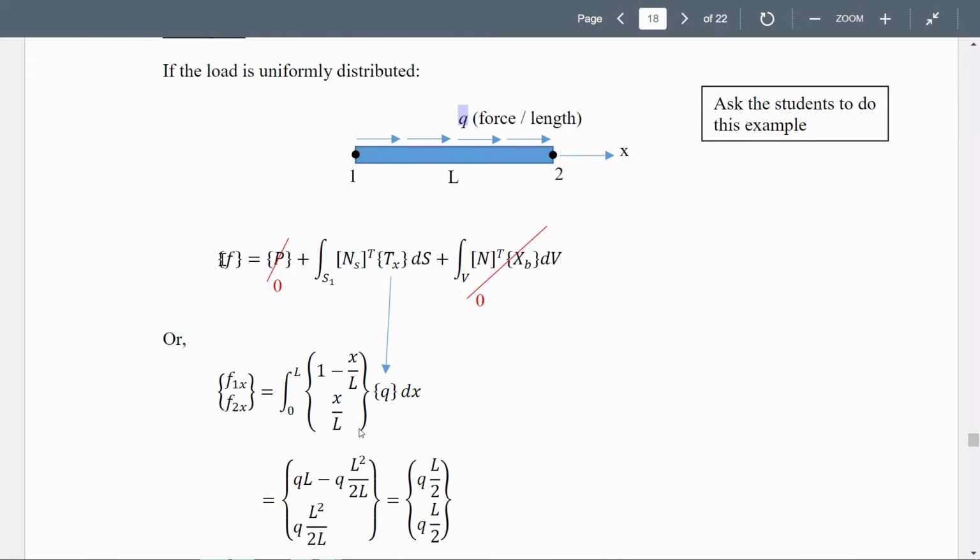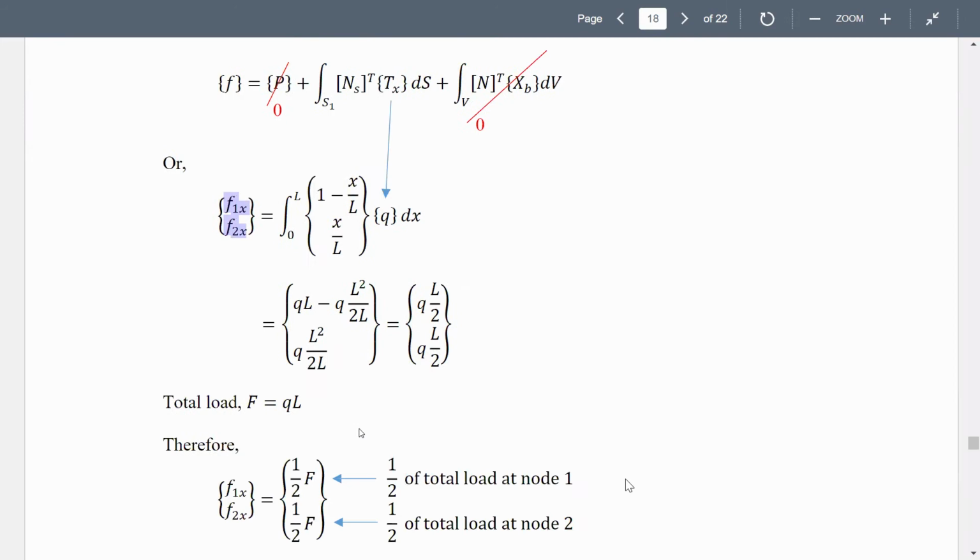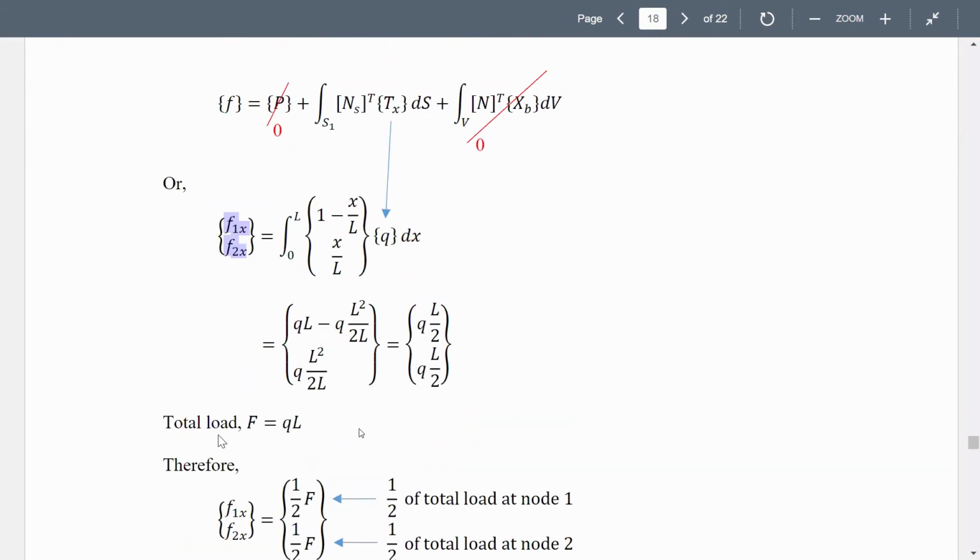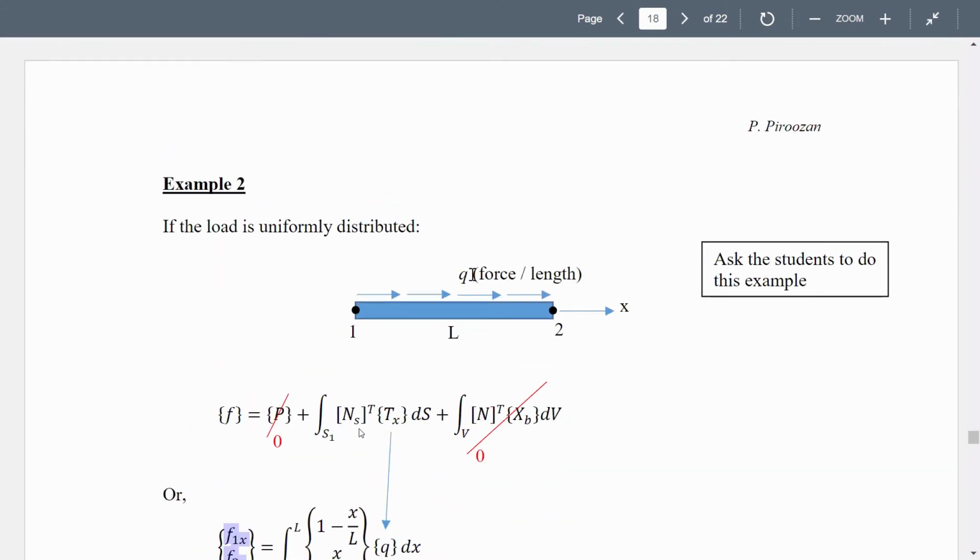We said that we derived this one. This F is actually F1x, F2x. Shape functions, this is this one. Traction, simply in this case, it is Q, force per unit length. It is not a function of X. So just multiply this by this and integrate, and we get QL over 2, QL over 2. The total force is QL, since Q is force per unit length.